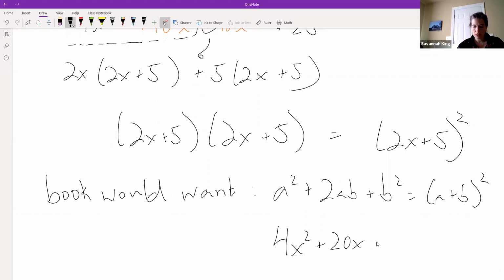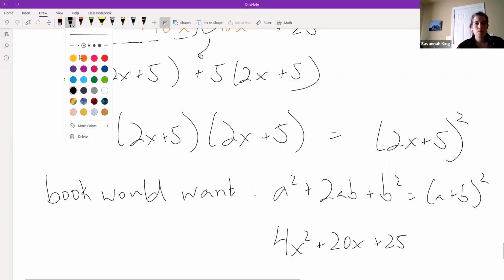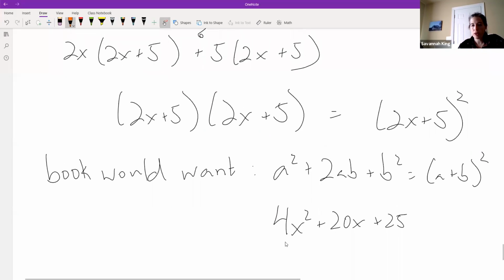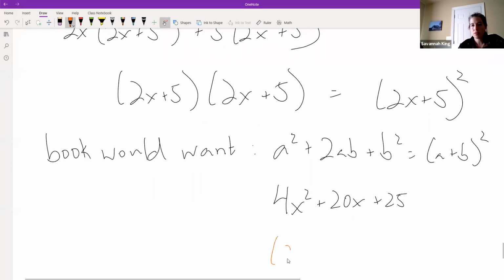The way you would recognize that, which is kind of not always ideal, get this recopied. You would recognize that 4x squared could be written as something squared, kind of like what we have to do with our squaring and cubing formulas. And then the 25, similarly, that could have been 5 squared.